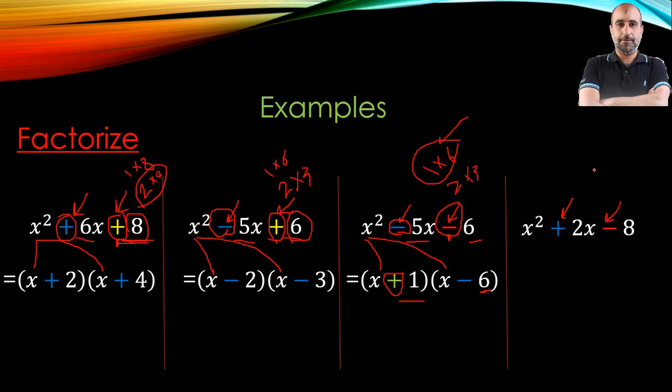Now 8: 1 times 8, 2 times 4. Which case of them has a difference of 2? 1 times 8, the difference between them is 6, so it is not my required. Then 2 times 4, the difference between them is 2. That is my required.